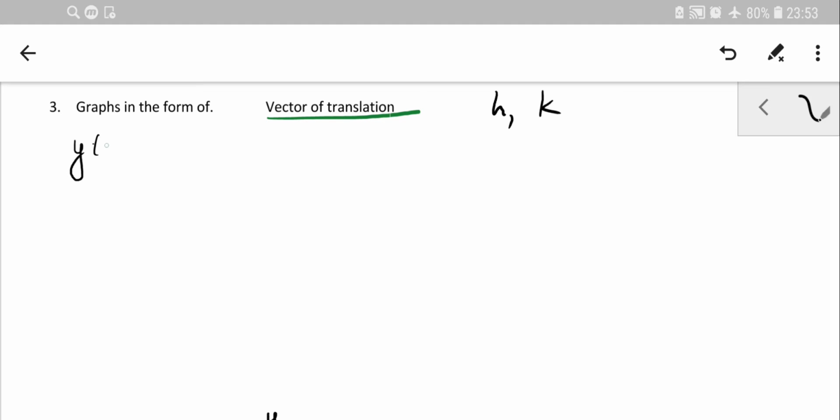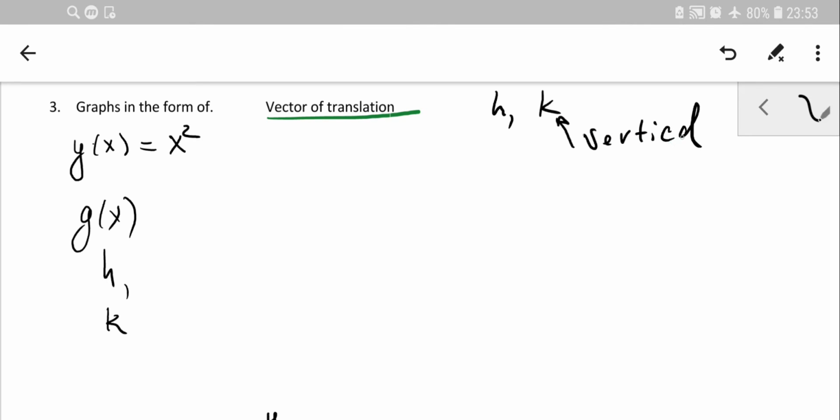So if this is your basic parabola, that's x squared, so your new g function, which was translated h units horizontally and k units vertically. I just put that vertical translation, and here's horizontal. So what general equation for a changed function will we have?